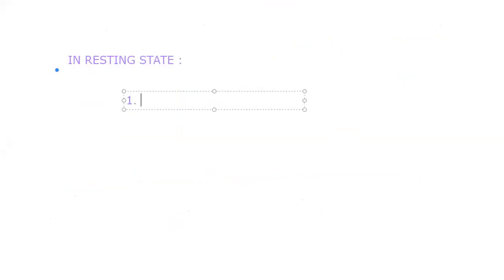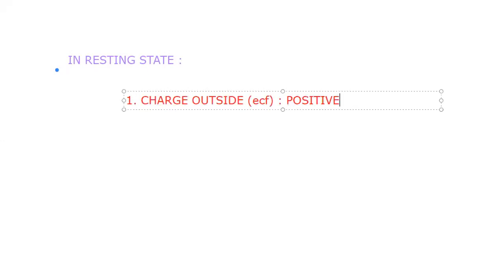What we said about the condition, the charge outside, charge inside, everything will be written here in resting state. The charge outside, if you are able, you can say outside, nothing but ECF. Positive or negative, you have to say. Positive. Charge inside.